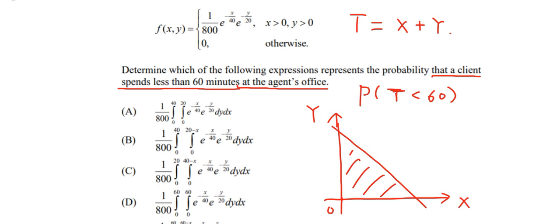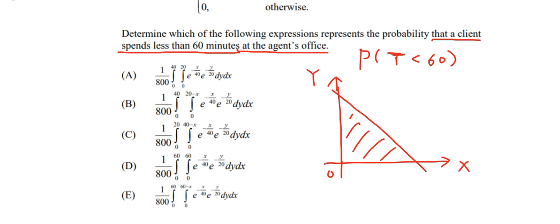So for this probability we just use integration. This is 60. We can say for X from 0 to 60, dx.